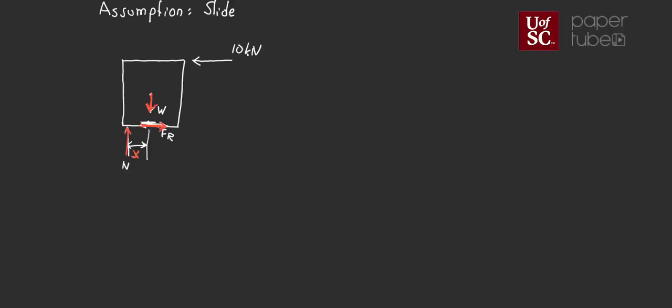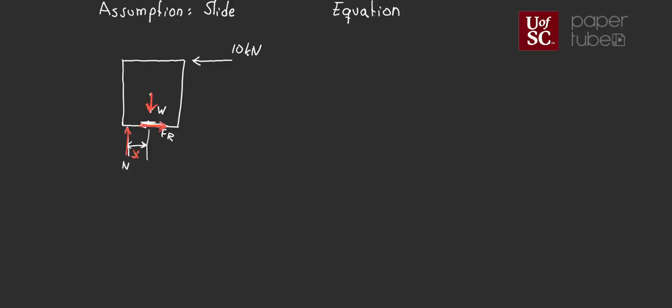All right, very good. So I'm going to start with my equations of equilibrium. And I'm going to add one more equation because we know that in the case of sliding, my friction force is equal to mu s times N.